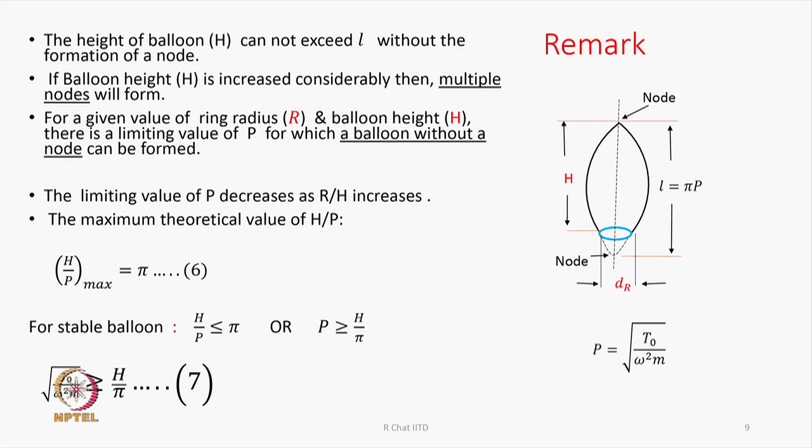If the balloon height is increased considerably, then multiple nodes may form and we will not be able to spin the yarn, because if a node gets formed between ring and the, let us say this is the lappet guide location, then same problem will be there, the yarn is going to contact the surface of the bobbin, is going to be abraded and yarn is going to break.